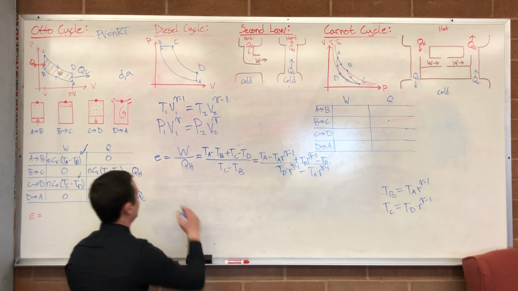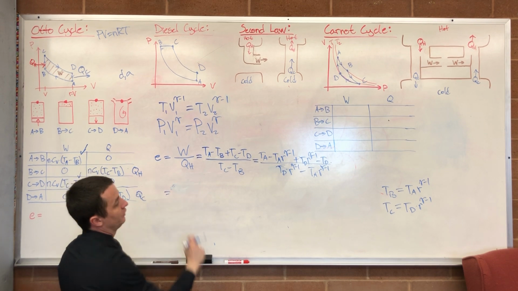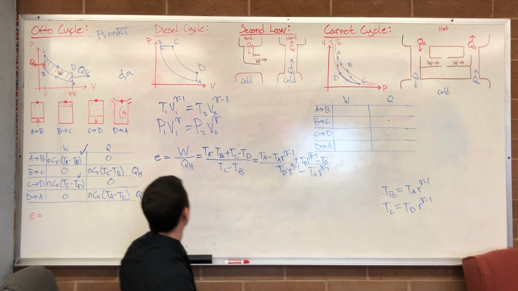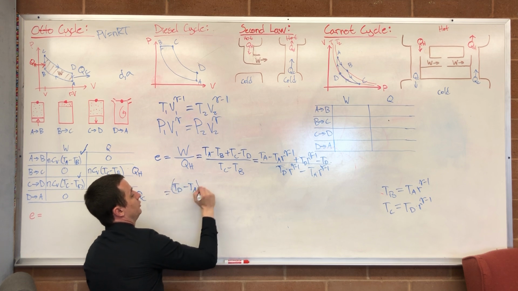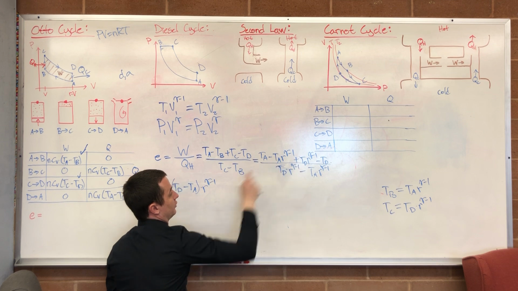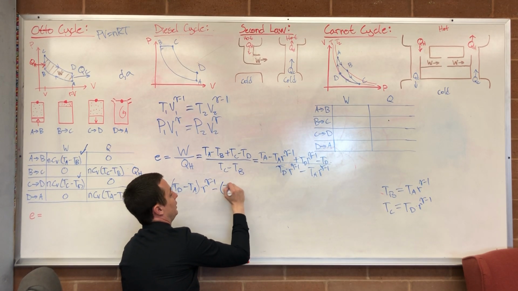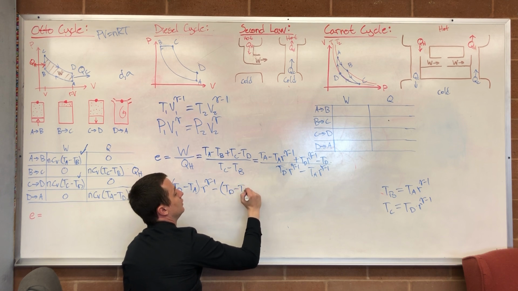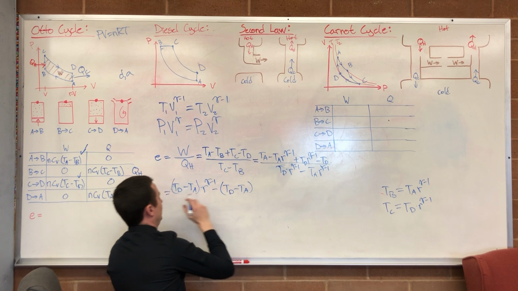So from the top, I can rewrite the top by doing these terms first. I'm going to do a TD minus TA, both those are times r to the gamma minus 1, so that's this term and this term. And then I'm going to write that as minus TD minus TA, which is the same thing as minus TD plus TA to account for those two terms.